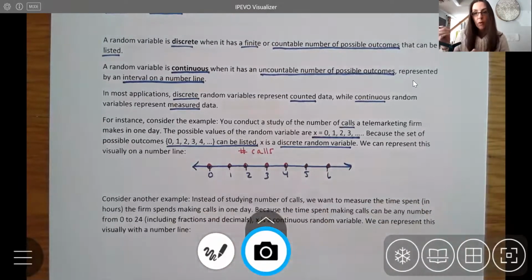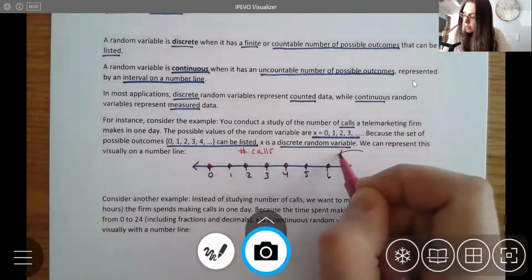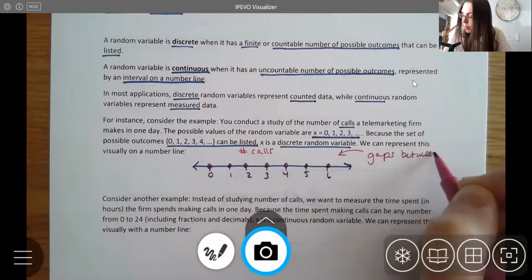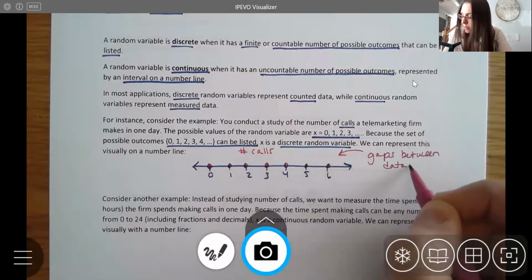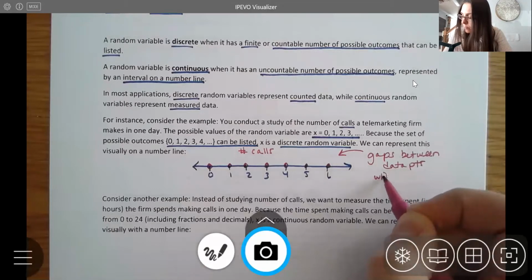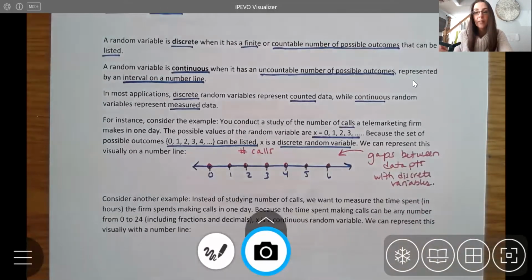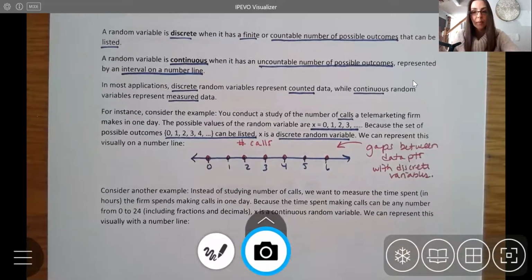So only those whole numbers there are counted in this case. What you do know with discrete random variables is that you will see gaps between these data points. With discrete variables, that's a really big thing to watch out for. So if you have gaps between the possible data points, then you have discrete variables.